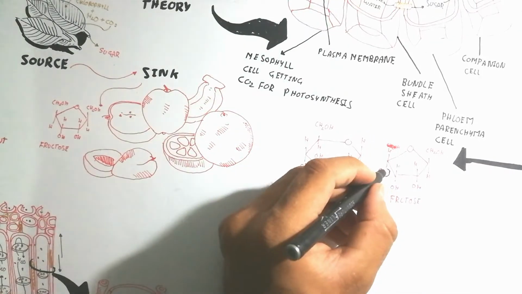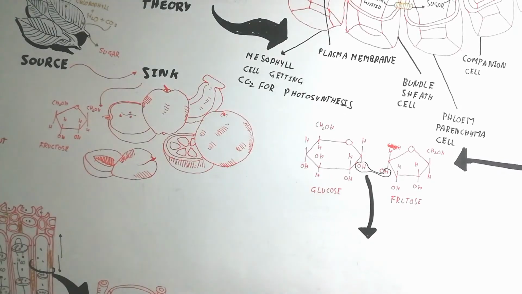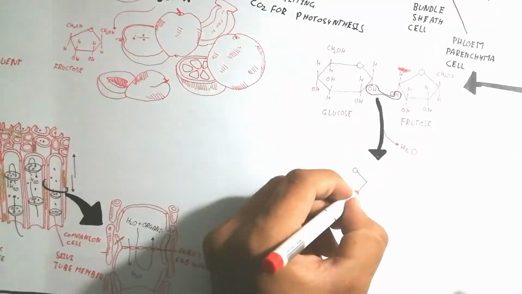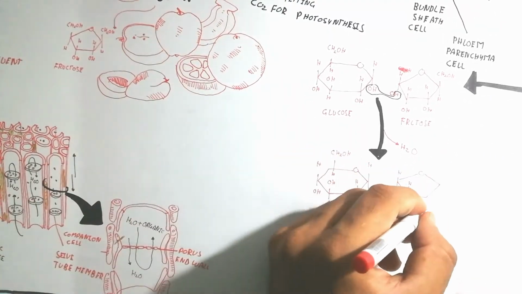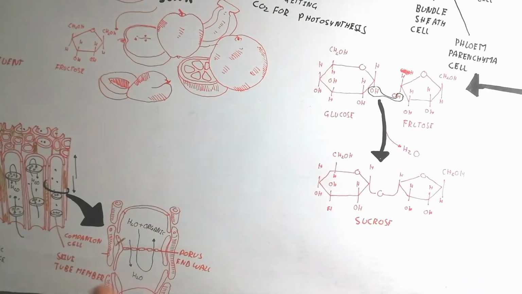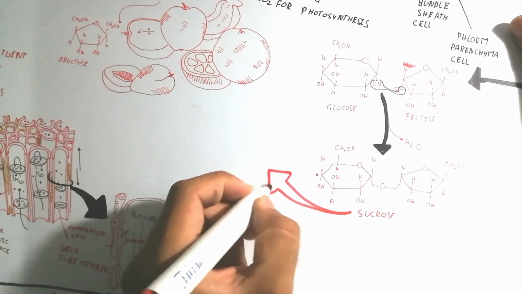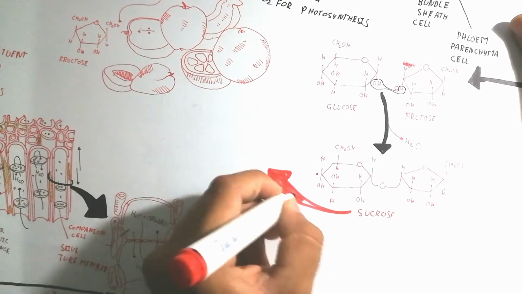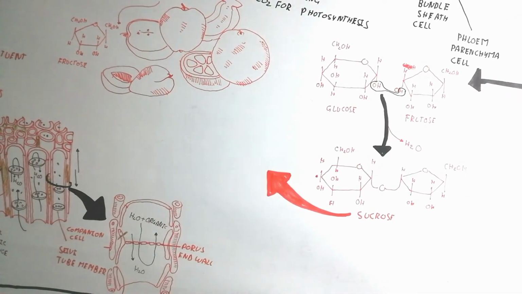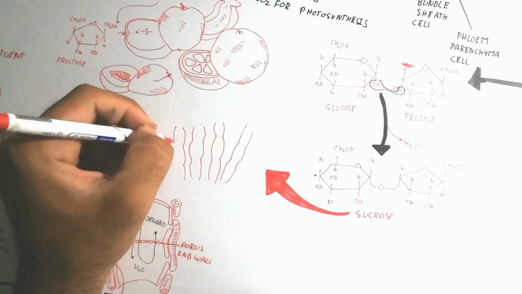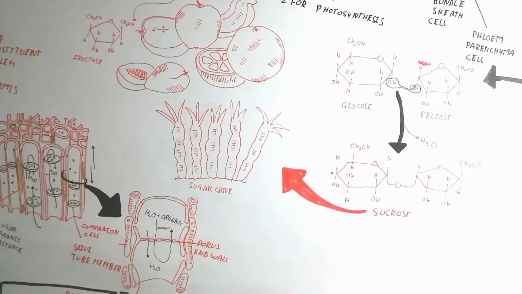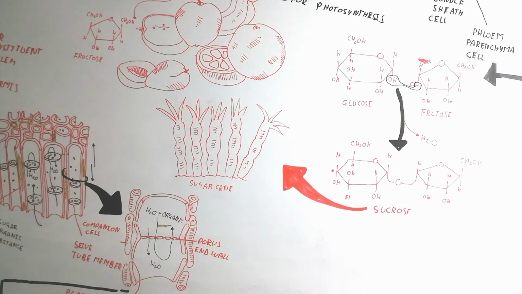So here is the hydrogen, and here is the hydroxyl group, which undergo condensation, and the glycosidic bond will be produced, and water is released and produces sucrose. That sucrose is in the form of sugar cane. So here I drew a sugar cane. The sugar cane structure is here. So now you can see it.